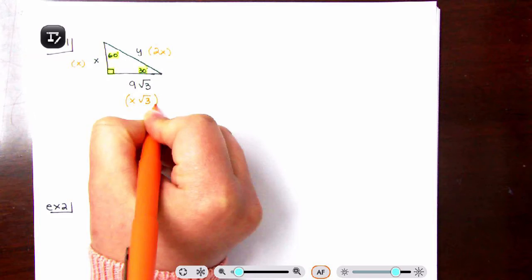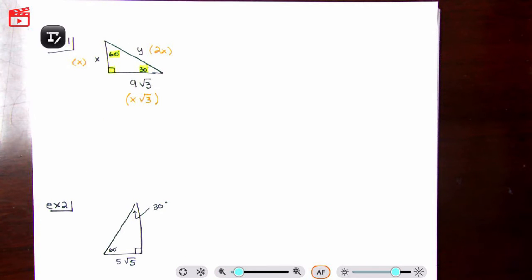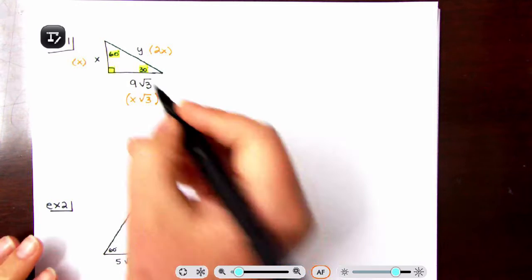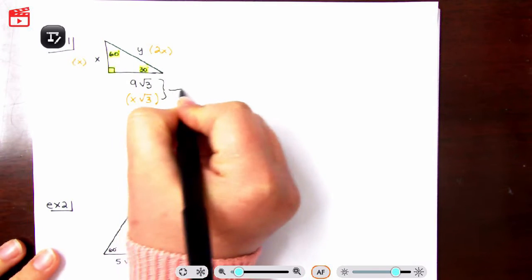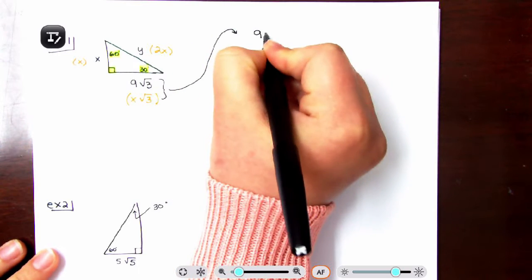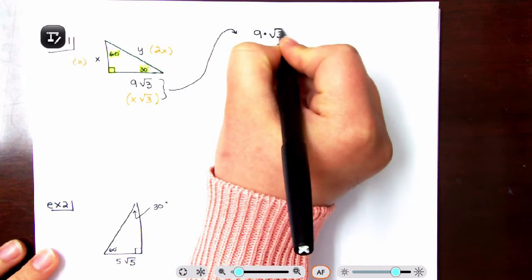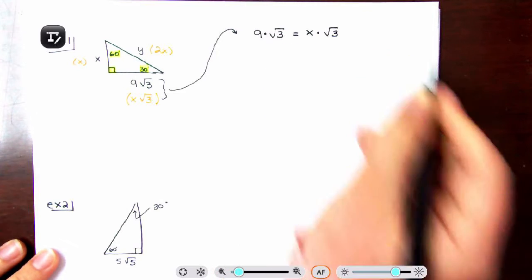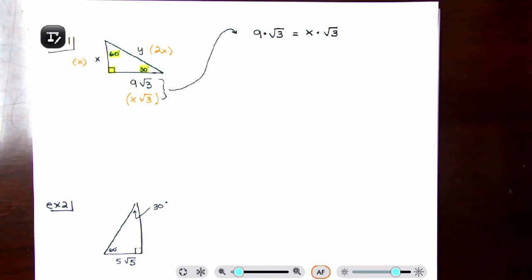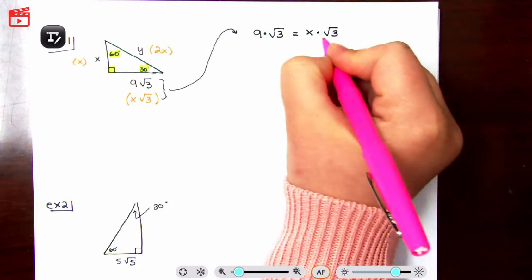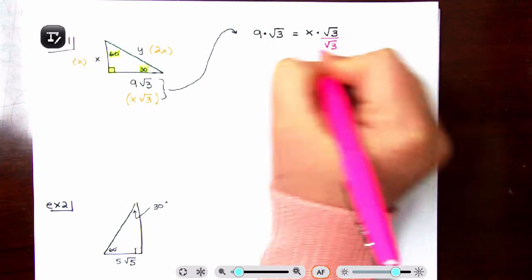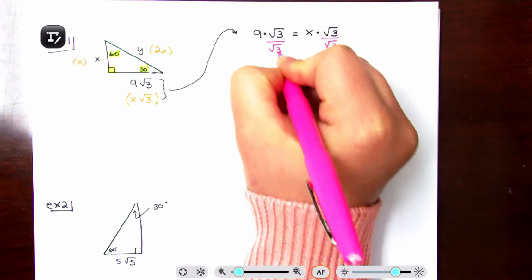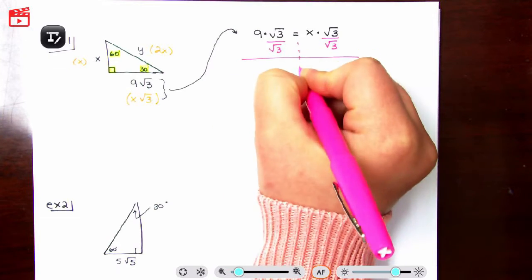When you write this out next to your triangle, it's easy to see what things are. For example, I have 9 times root 3, which is equal to x times root 3. Because we can set up these types of equations, I'm going to divide by the square root of 3.